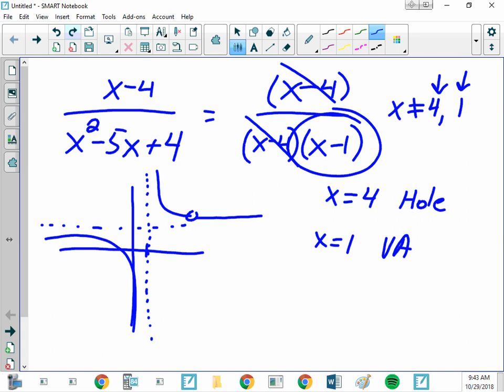Okay, so how do we find horizontal asymptotes? Well, it's actually pretty easy. If the degree of the numerator is less than the degree of the denominator, then y will never equal 0.